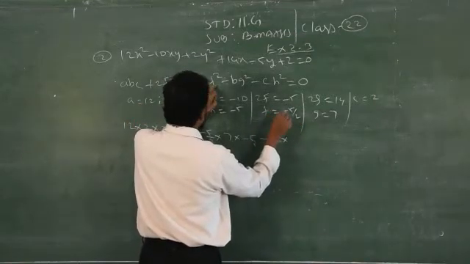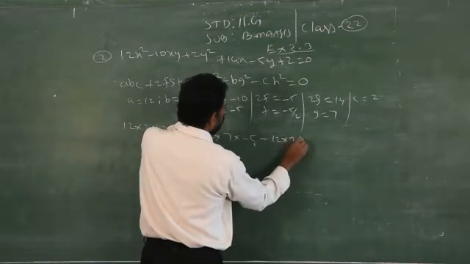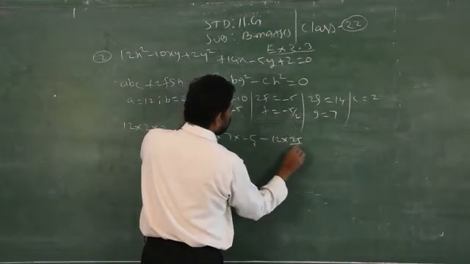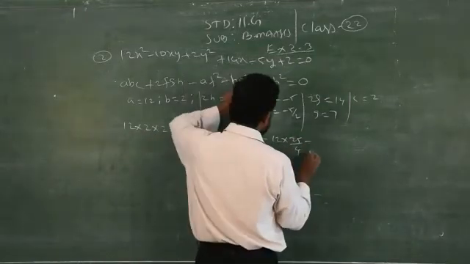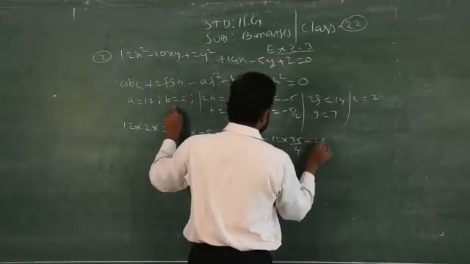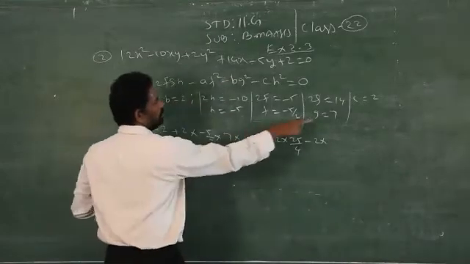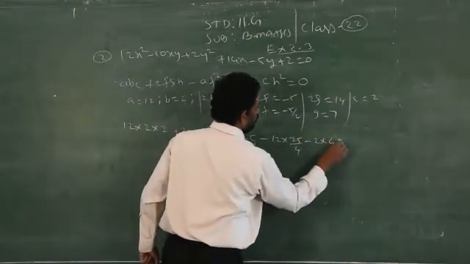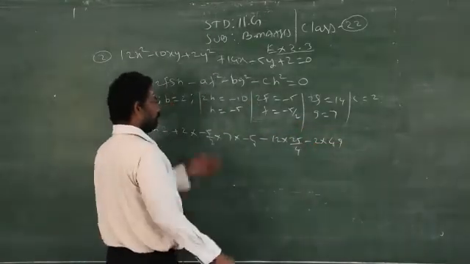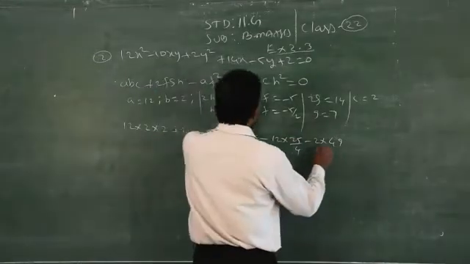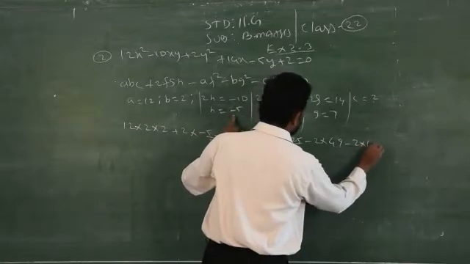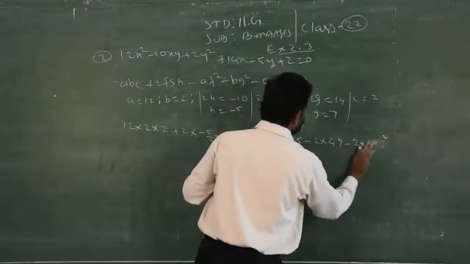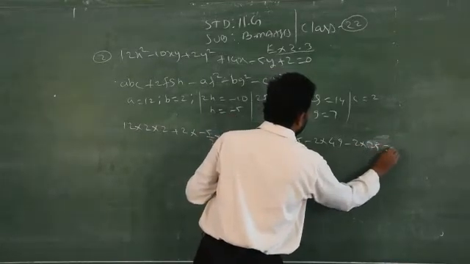I am squaring the number straight away; when you square a number, a negative will always become positive. Then minus b g square. What is g? g is 7, so 49. Square and write, no need for too many steps. Then minus c, c is 2, into h, which is minus 5, the whole square, that is 25, is equal to 0.